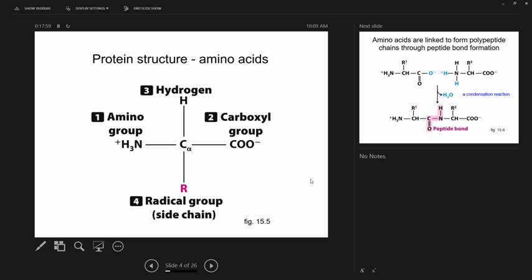So the amino terminus in proteins is going to correspond to the 5' direction in messenger RNA. The carboxyl terminus is going to correspond to the 3' direction in messenger RNA.